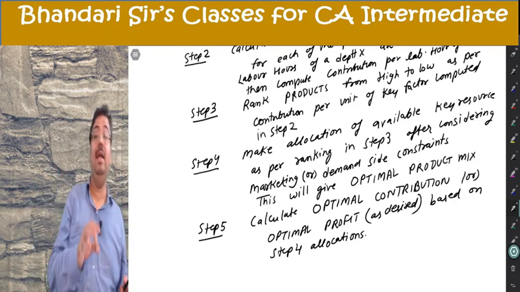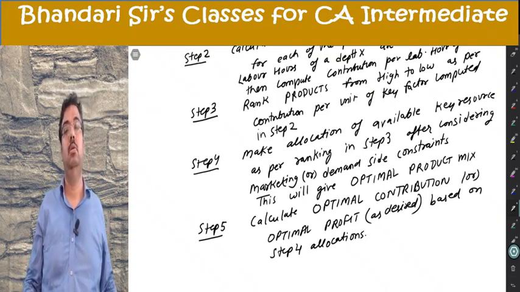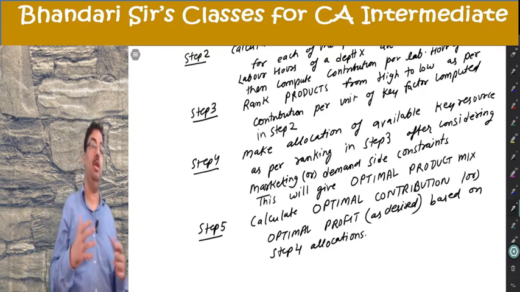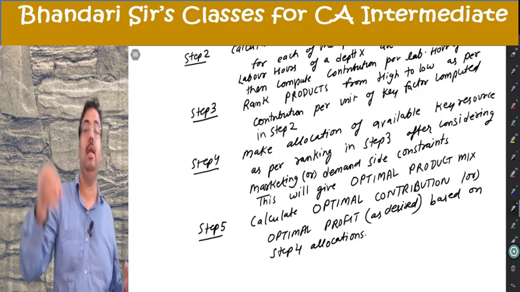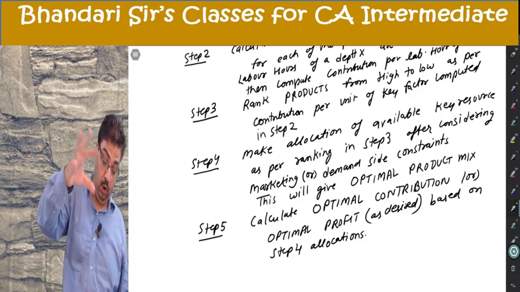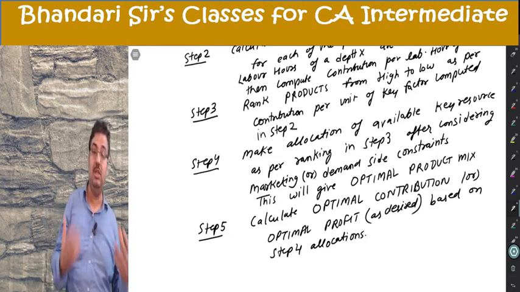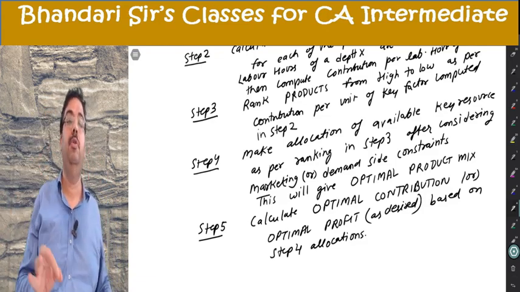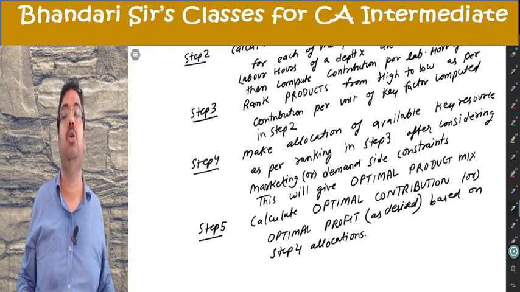Consider marketing constraints, minimum sale, maximum sale in step 4. Make allocation of resources, whatever labor hours are available, allocate as per ranking of step 3 that you have done. So if you follow all of this in a logical, sequential manner, you will never get wrong any question of key factor. So follow it carefully in the question to follow.